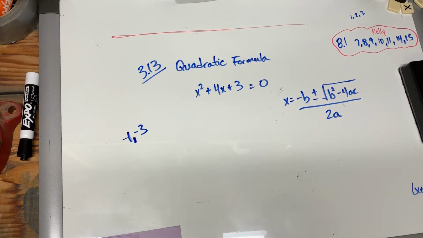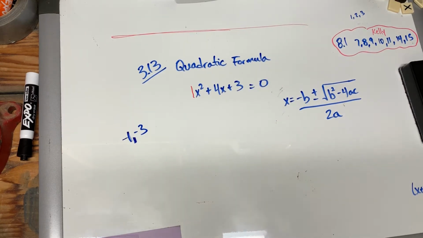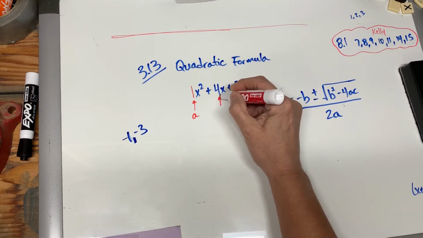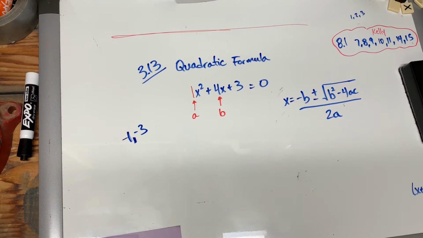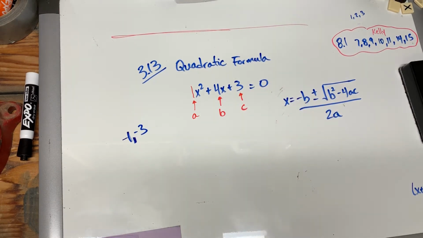So a is always the coefficient, the number in front of your squared variable. In this case it's a 1, it doesn't show the 1, but if there's nothing there then it's a 1. So this is my a, my b is always next to the x or whatever variable it is, and my c is always the constant number. It's the number that does not have the letter next to it.